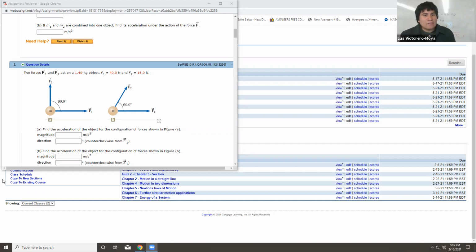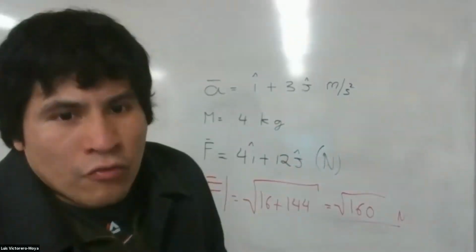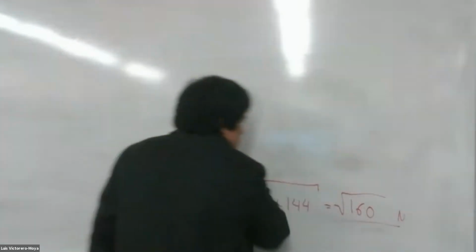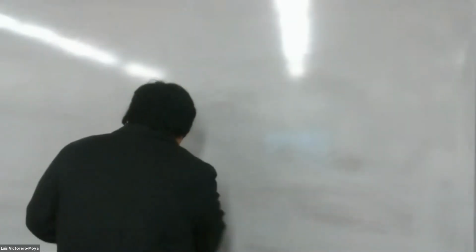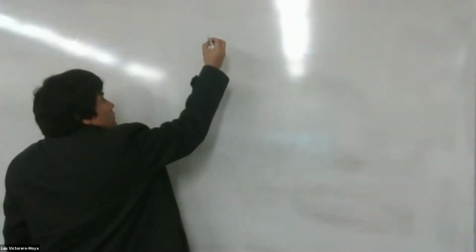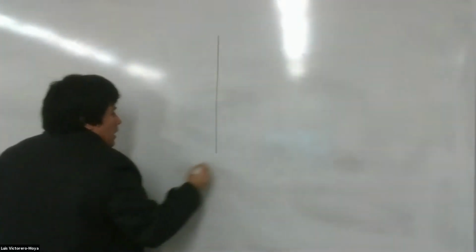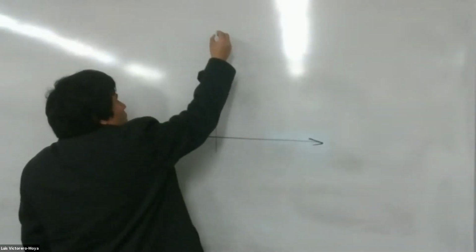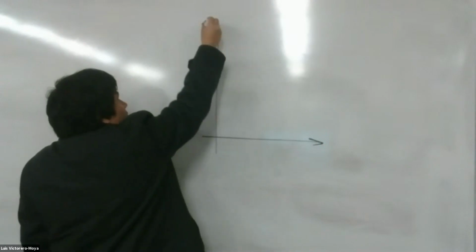To find the direction, you will do F2 divided by F1, arctangent. Because the direction of the acceleration will be in the y direction due to F2 and the x direction due to F1. Pretty much what you will have is a situation where you have a force pointing upwards and a force pointing to the right, and that should be the same as what you have to do in the second part, by the way.